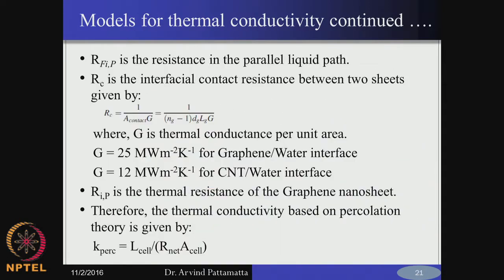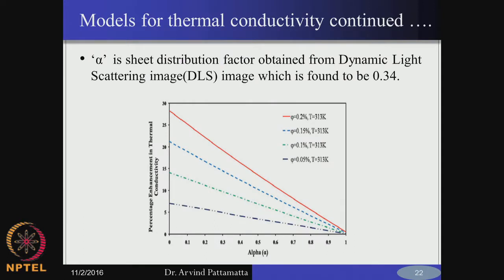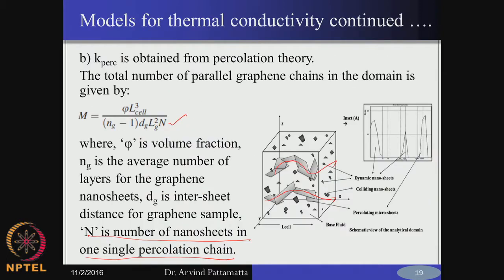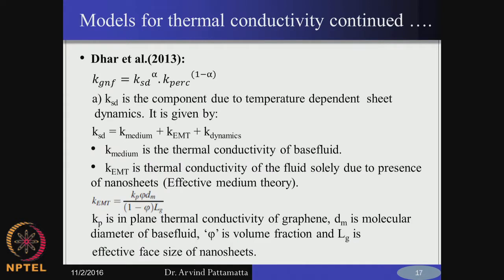Therefore, alpha is called the distribution factor. It tells you how much weightage you have to use for the percolation component versus the Brownian motion. For example, for graphene we use the value of 0.34. So, we give more weightage to percolation for graphene compared to Brownian motion.